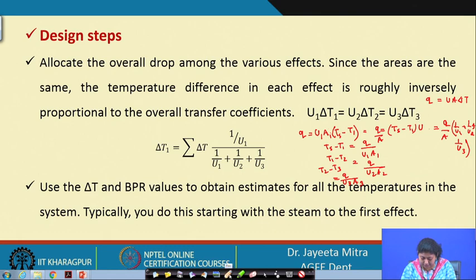So, finally we get delta T into U equal to 1 by U1 plus 1 by U2 plus 1 by U3, right.